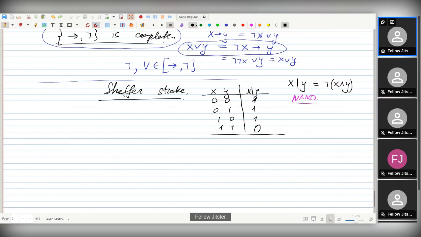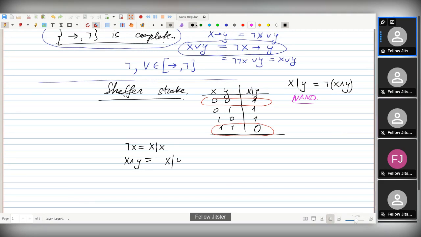Let us see why. Clearly, first of all, we can obtain negation. Not x is x stroke x. Just look at these two lines. 0 stroke 0 is 1, and not 0 is, of course, 1. It is quite clear. And what about conjunction? As Sheffer's stroke is a negated conjunction, we can obtain conjunction the following way.